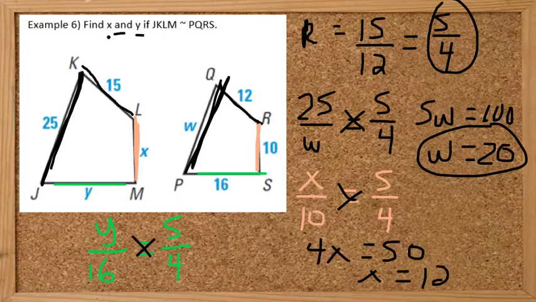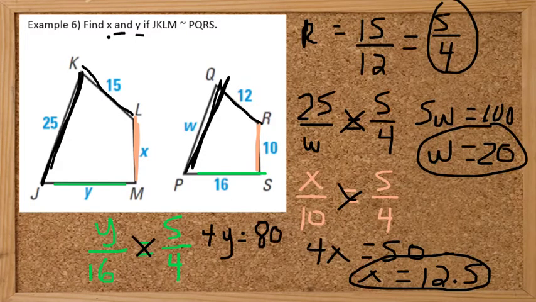X is 12.5. And the last one: 4 times y is 4y. 5 times 16 is 80. Divide both sides by 4. Y should be 20. So there's our value for all three of those variables, using just one scale factor.